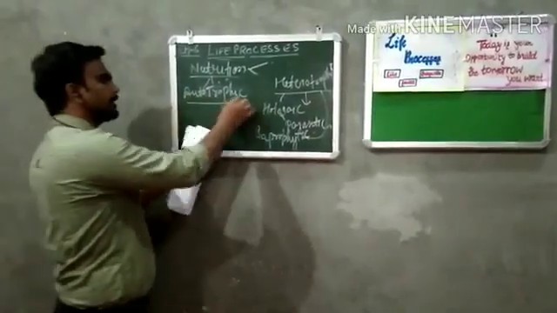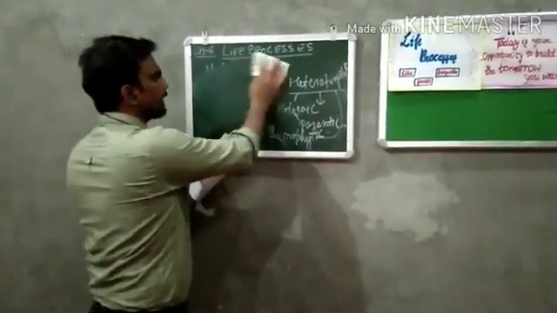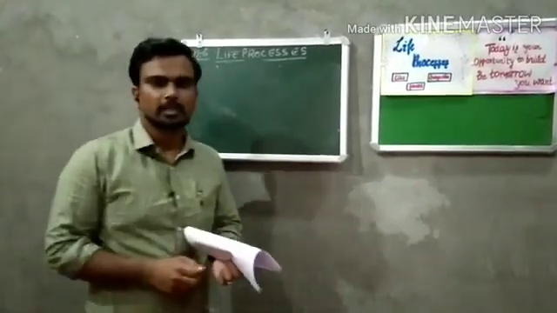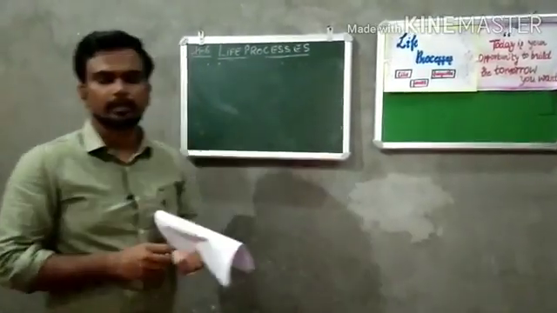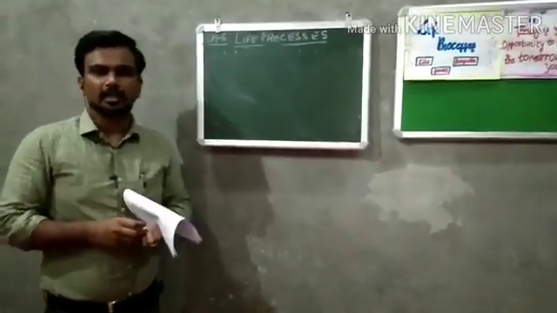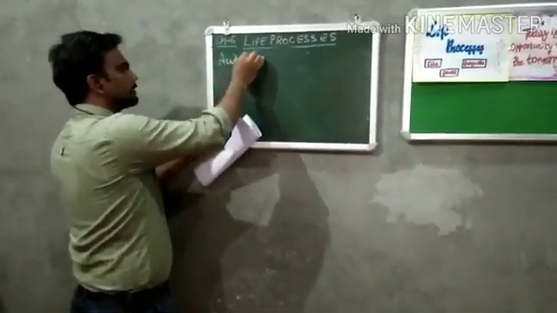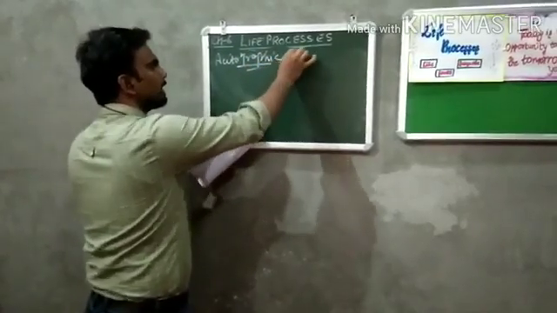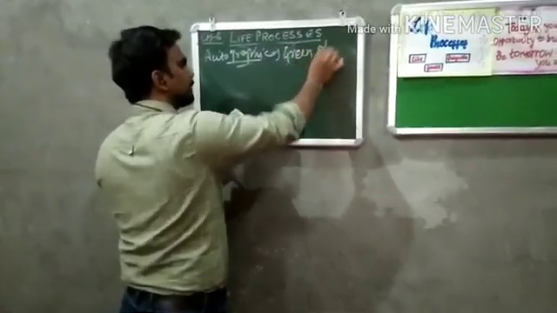First of all, we take the autotrophic type of nutrition. Autotrophic nutrition is the nutrition in which an organism makes its food on its own using raw materials present in the earth's atmosphere. It is performed by plants, mainly green plants.